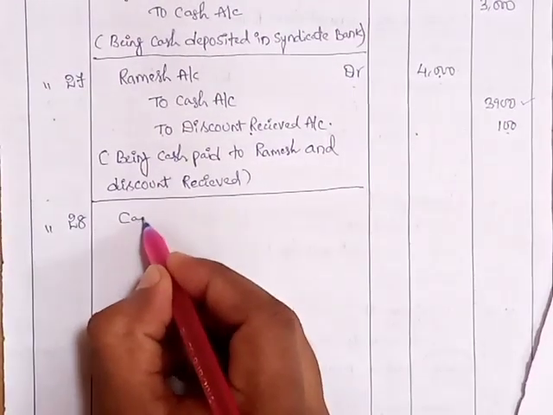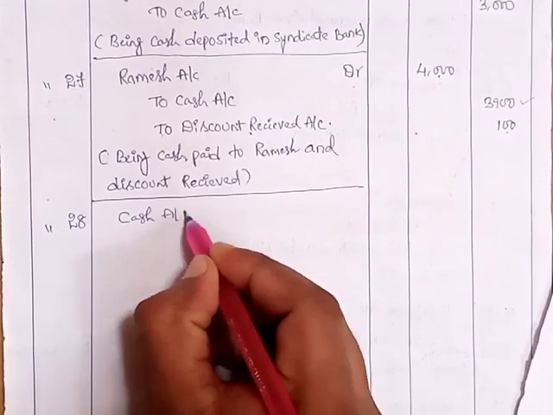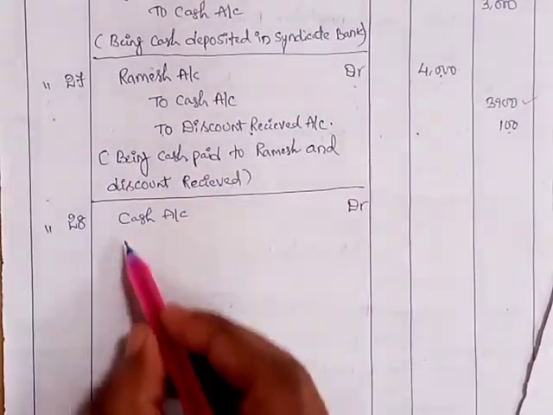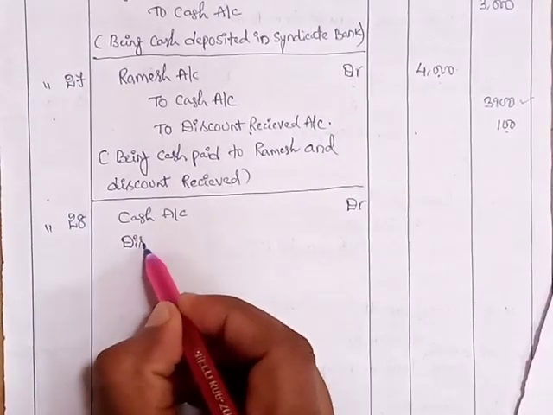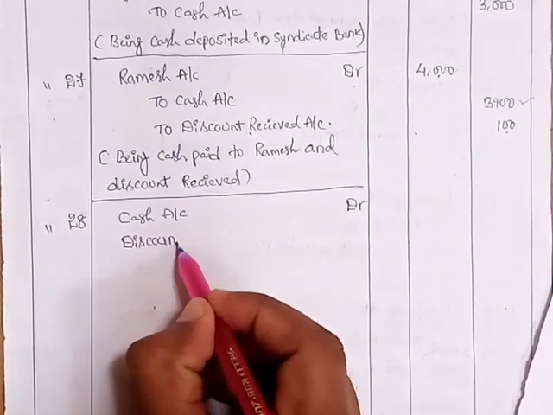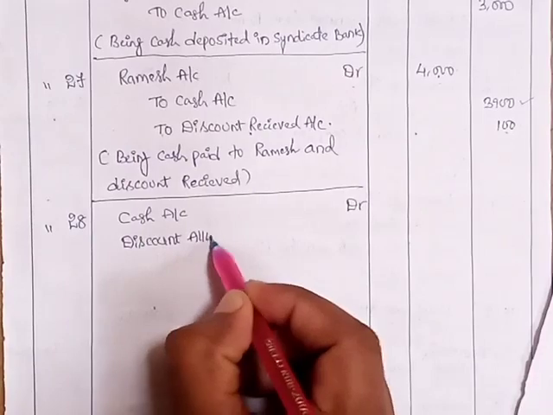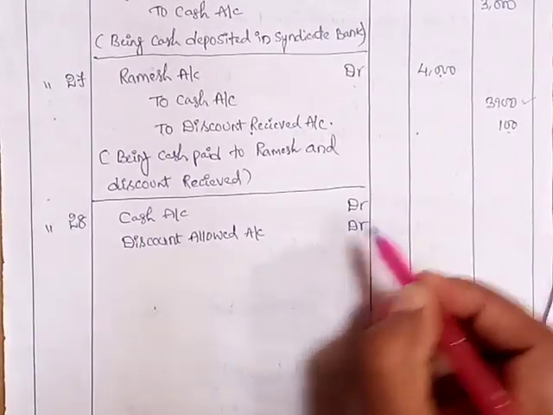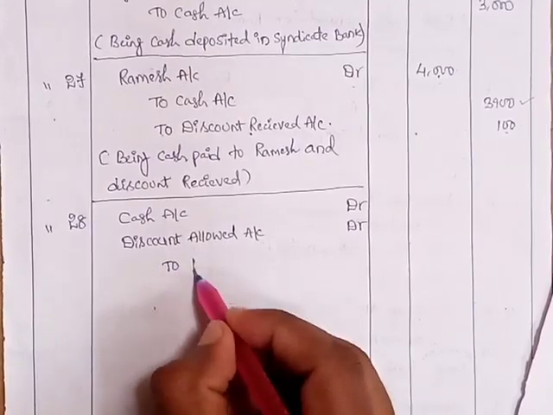One is cash account, debtor. Another debit aspect is also there, discount allowed account, debtor to Ramu account.